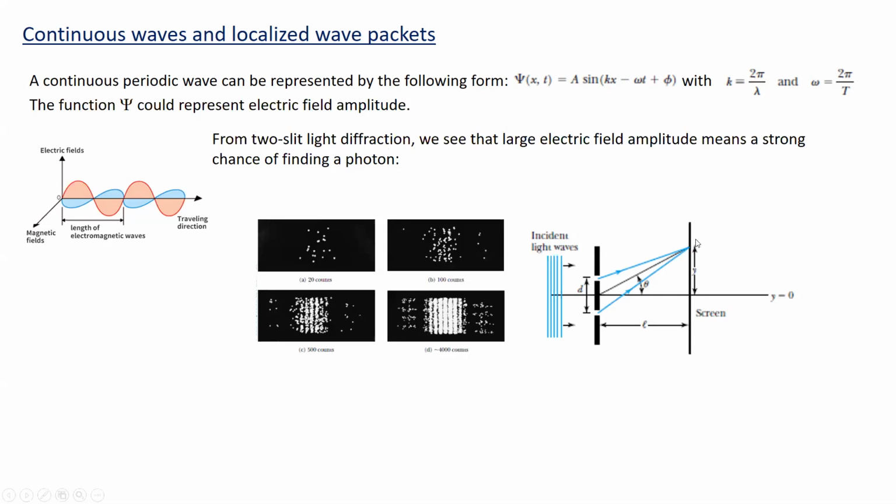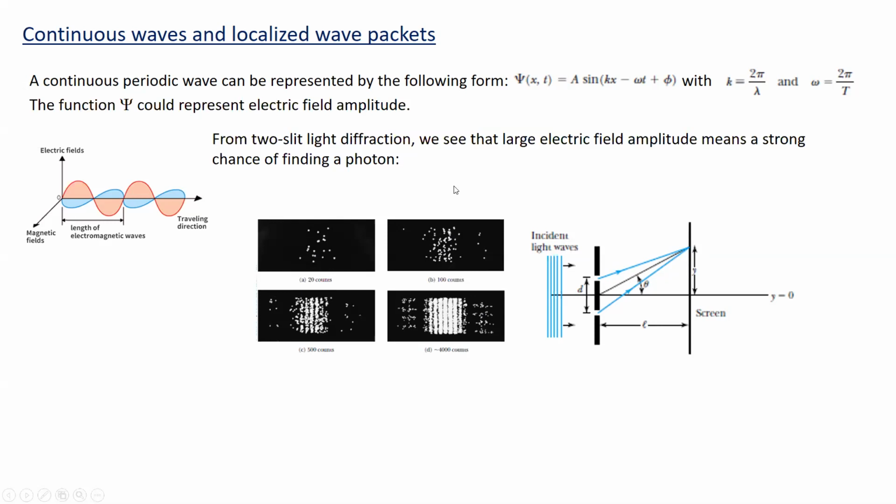If we make the light much less intense and use modern detectors, we can actually see the individual particles of light, photons, building up. This is after 20 counts, 100 counts, 500 counts, 4,000 counts. We can see the interference pattern gradually being built up out of a seemingly random pattern.